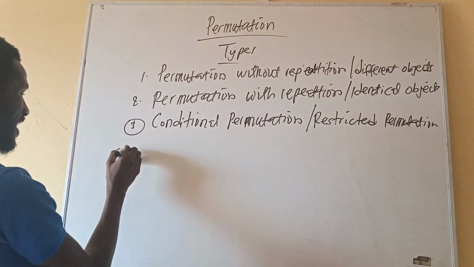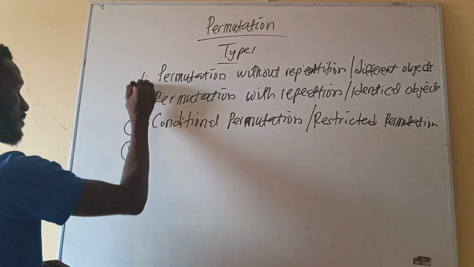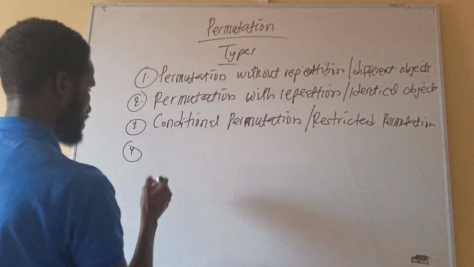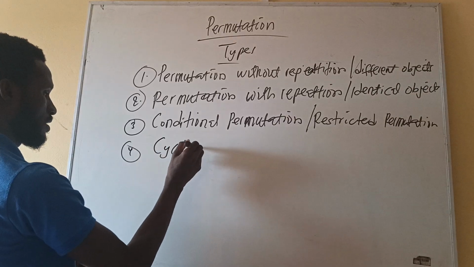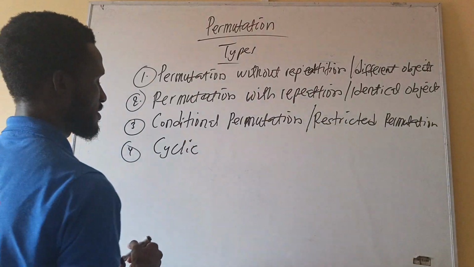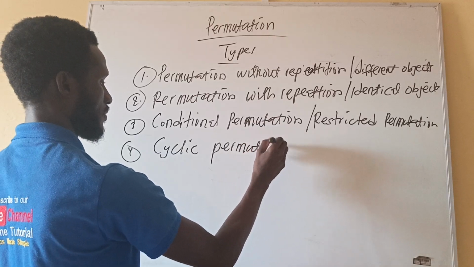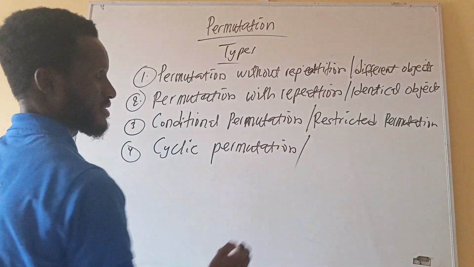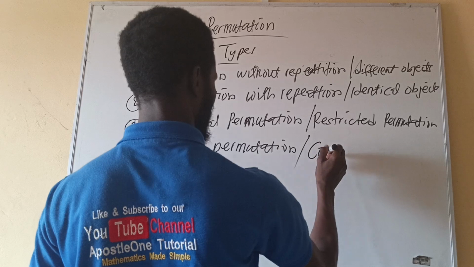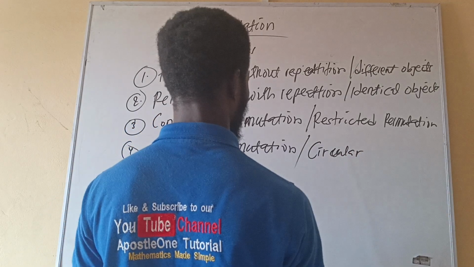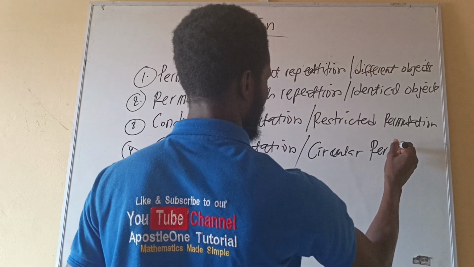Now I'm going to talk about the last one, the fourth one. I will talk about cyclic permutation. Someone will say circular permutation.